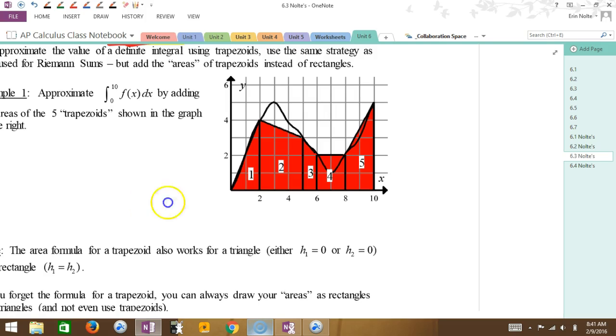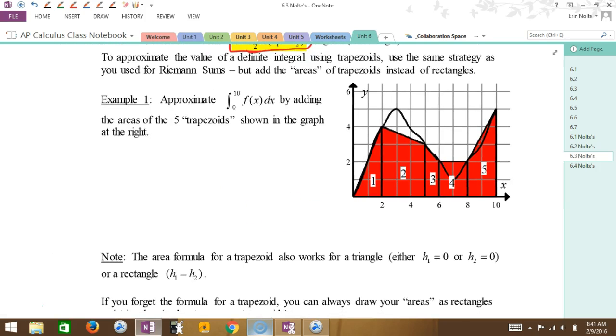All right, so let's quickly find the area of this red shaded region. We've got 5 trapezoids in there. Let's start with the first little one. You guys see 1 is actually the shape of a triangle. In my opinion, the area of a triangle is a little bit easier than the area of a trapezoid, although you could do both.